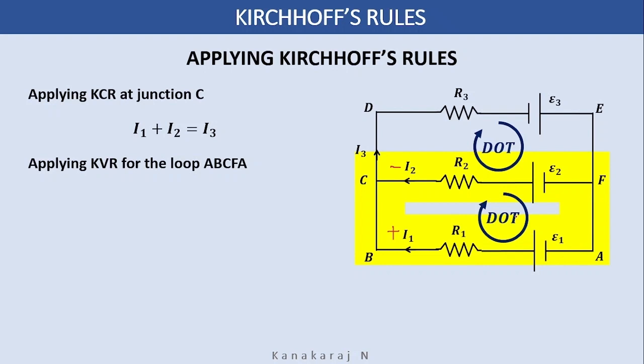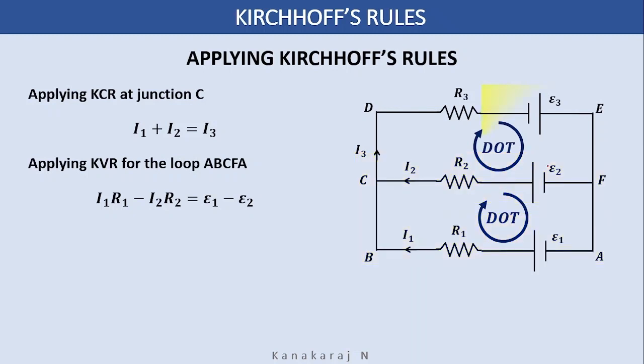Epsilon 1, the direction of traversal is from negative to positive terminal of the EMF, so it is positive. Then the direction of traversal for epsilon 2 goes from positive to negative terminal, so epsilon 2 is negative. So look at the equation: I1R1 minus I2R2 equals epsilon 1 minus epsilon 2.